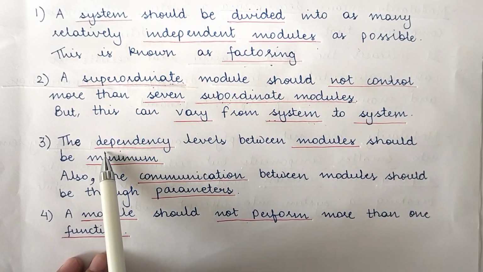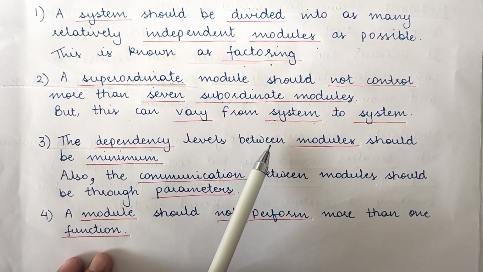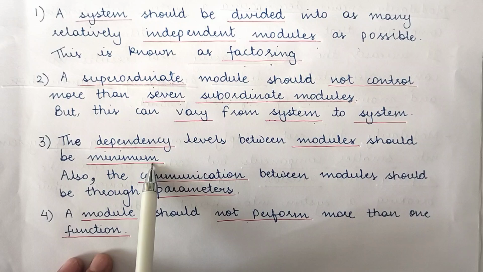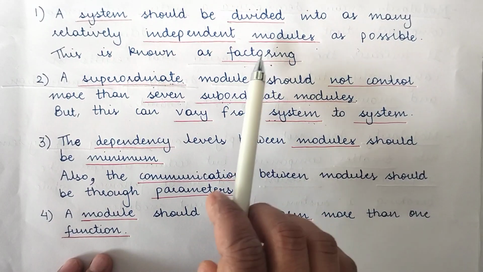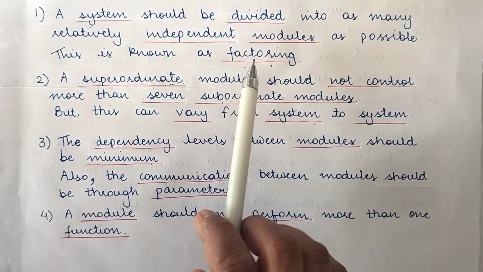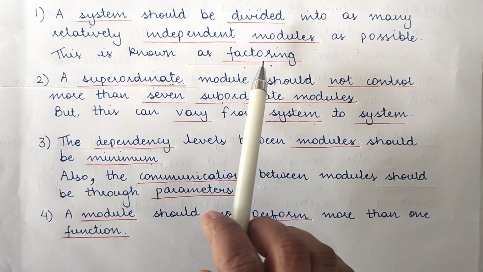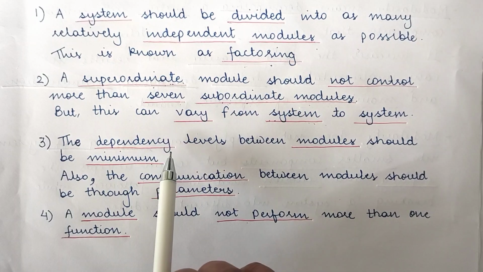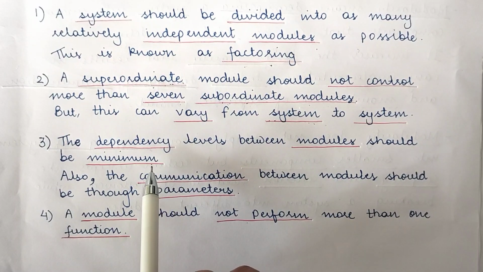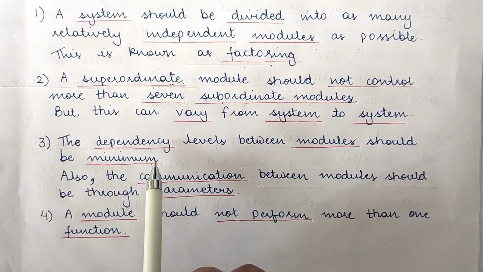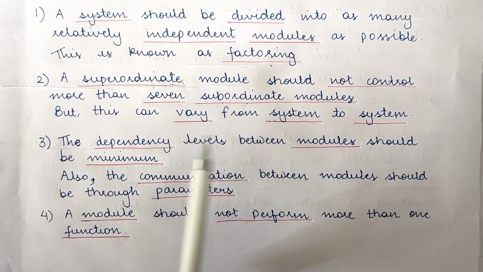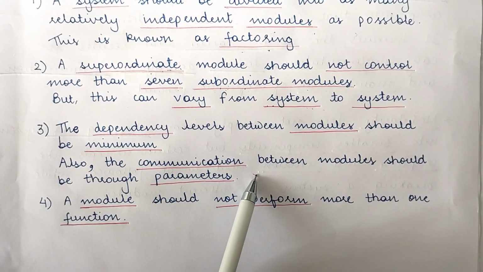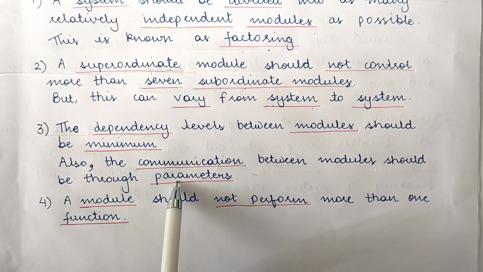The third guideline says the dependency levels between modules should be minimum. As I said in the first guideline, the system should be divided into relatively independent modules, as many as possible. So this is what is being repeated in the third guideline: the dependency between modules should be minimum. When you divide the system into relatively independent modules, obviously the dependency among the modules decreases. Also, the communication between modules should be through parameters.